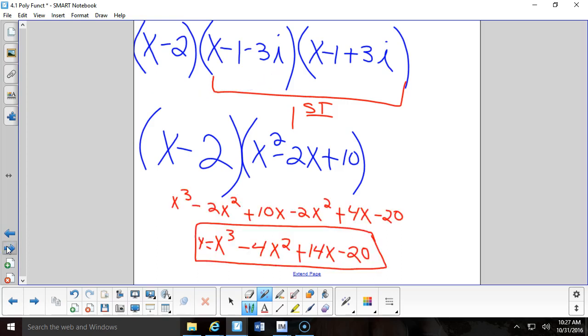Now, if you want to check this, you whacked it all away and you came up with an x to the 3rd power. To check it, graph that thing. What would you expect to see? Yeah, a cubic. And specifically, this one x-intercept would be at 2.